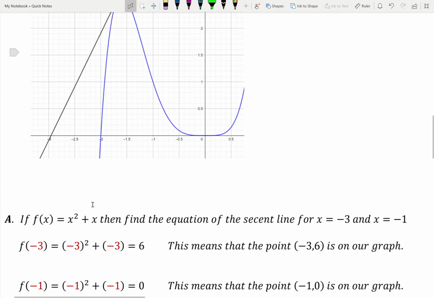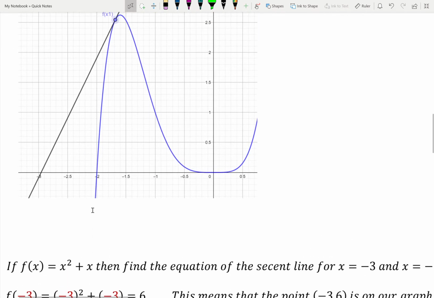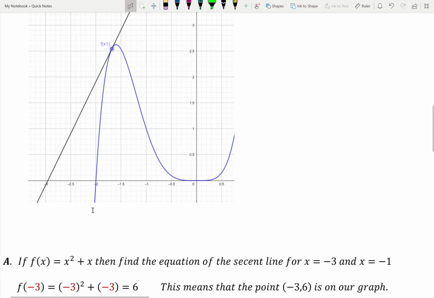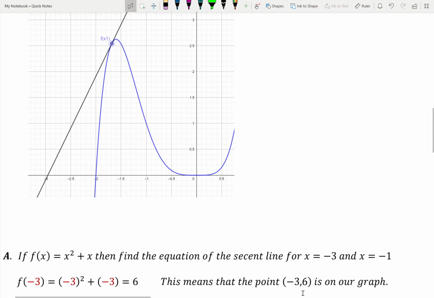First we have to know what points are on our graph. If f of x equals x squared plus x, then we find the equation of the secant line for x equals minus 3 and x equals minus 1. If I plug minus 3 into our function x squared plus x, I get 6. This means that the point minus 3, 6 is on our graph.